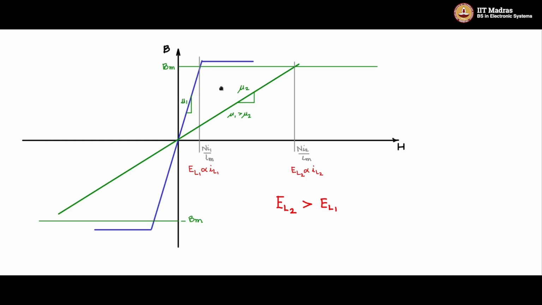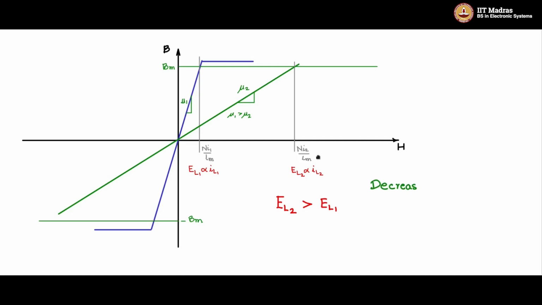So if I reduce the permeability for the same flux BM, this will meet the saturation much later in the field axis, as shown here. Which means that it is capable of handling higher currents, larger currents, and therefore larger energy.